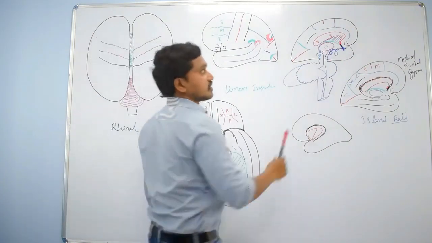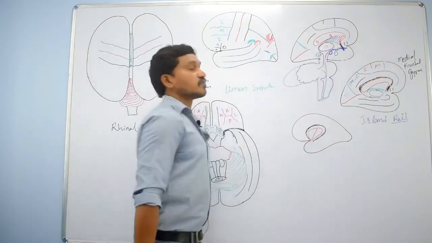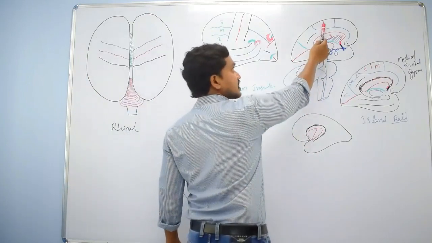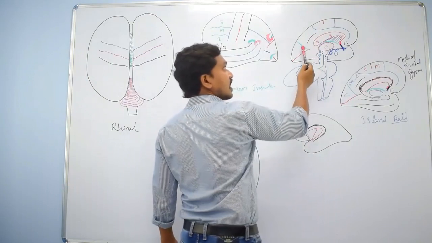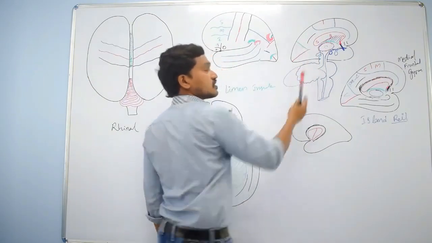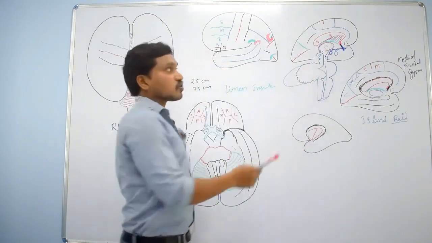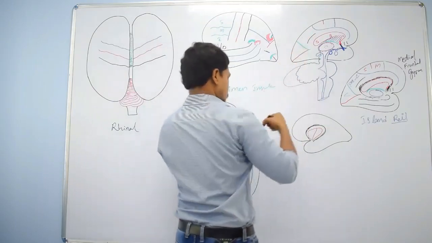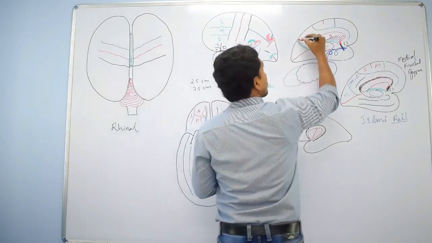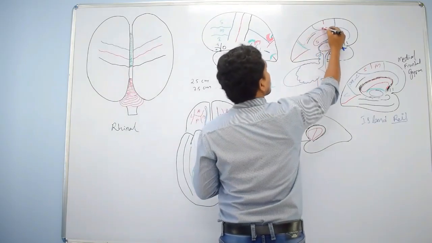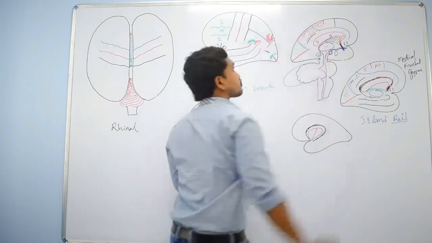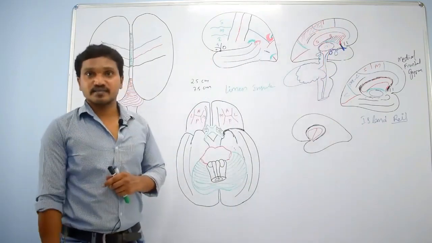Then the parietal lobe. It is present between the central sulcus anteriorly and the parieto-occipital sulcus posteriorly, and there only the part above the suprasplenial sulcus is parietal territory.